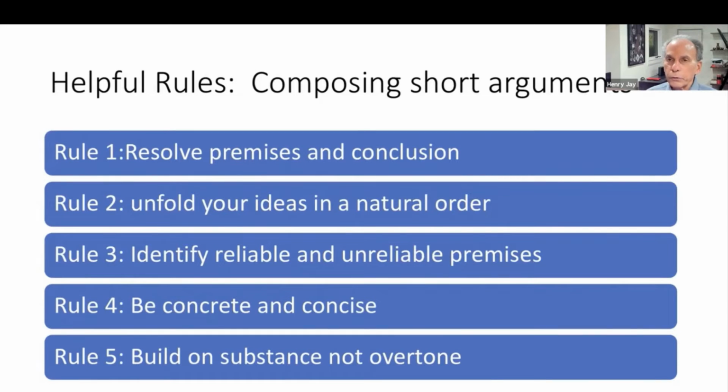So helpful rules, not only when you read conclusions, but when you want to develop your own conclusions, your own arguments. So in order to compose arguments, let's say you're writing a paper, well, you want to be clear about what's your conclusion and what are the necessary premises to support your conclusion.